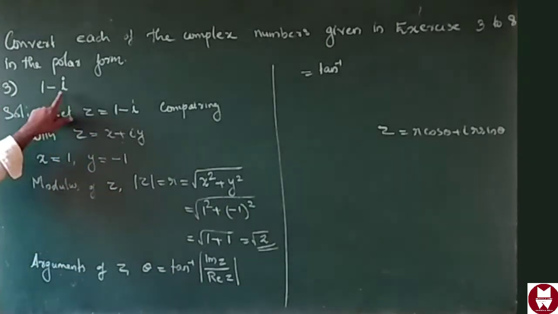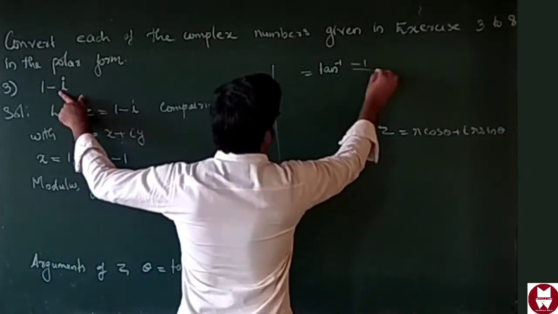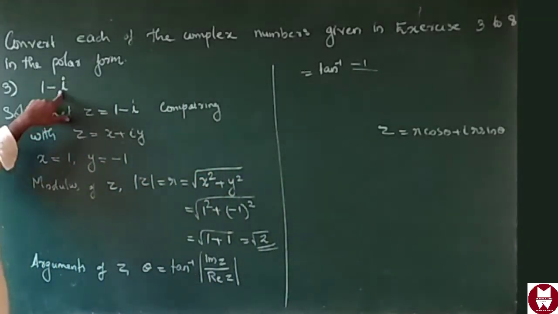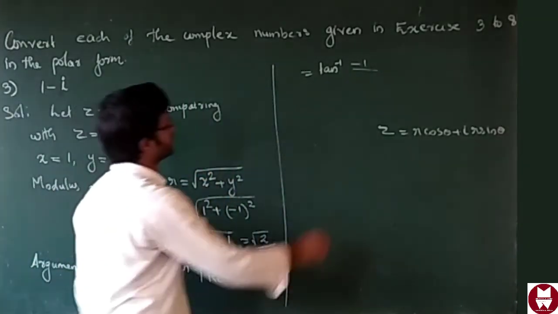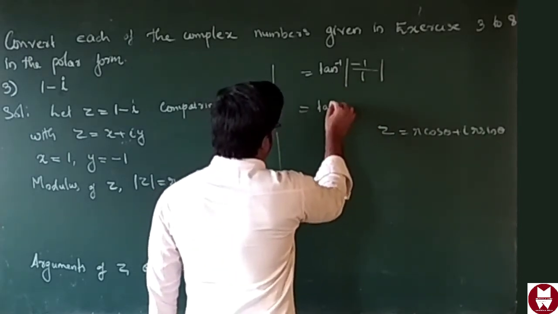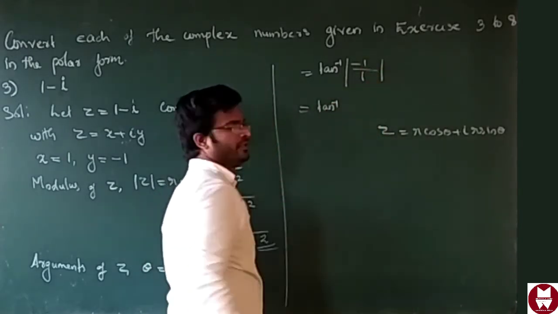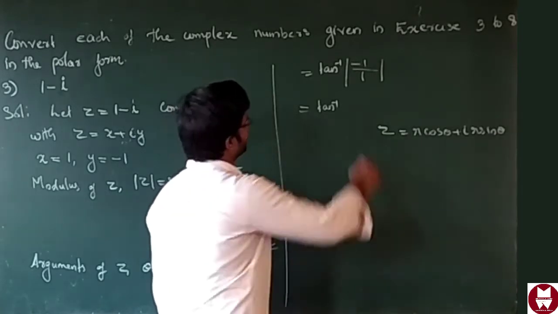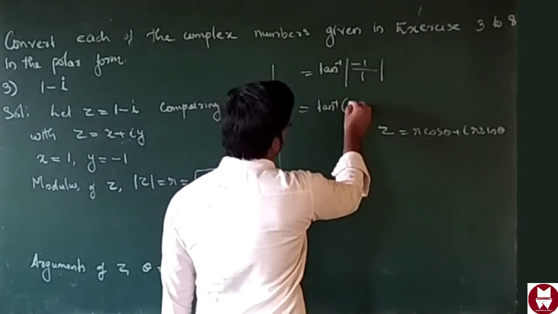What is the imaginary part here? Minus 1, divided by the real part, which is 1. Tan inverse of minus 1 divided by 1, you will get minus 1. Then when you take modulus of minus 1, you will get 1.